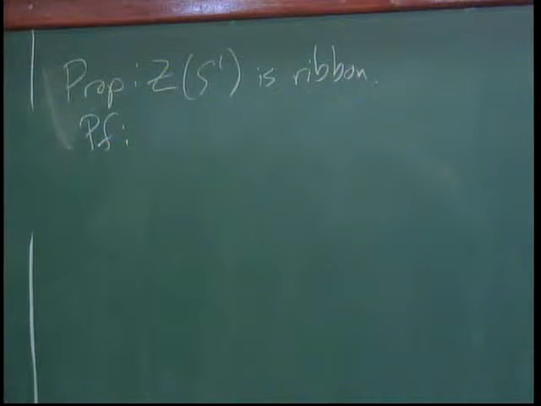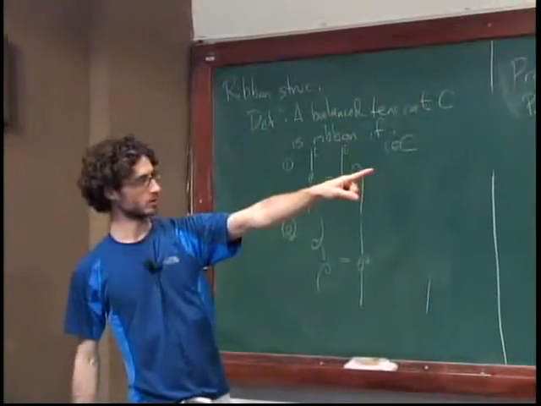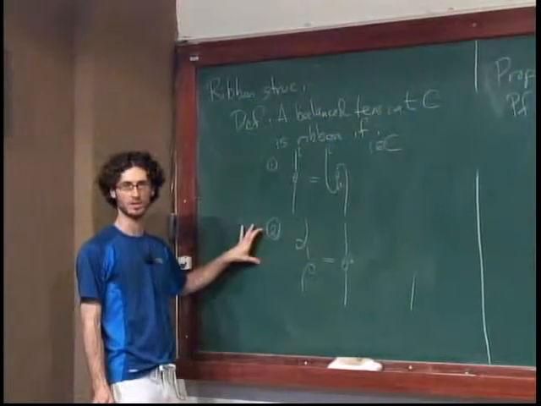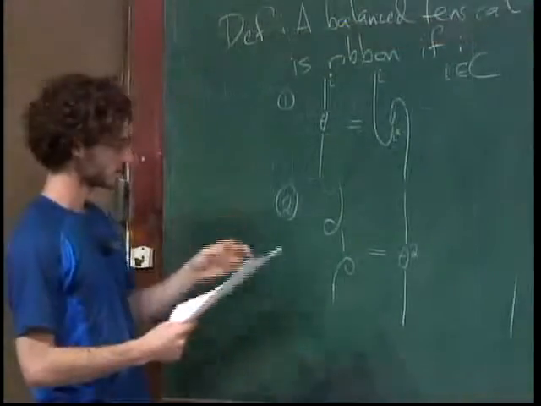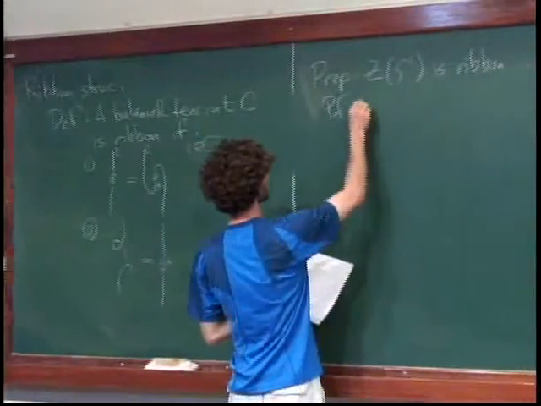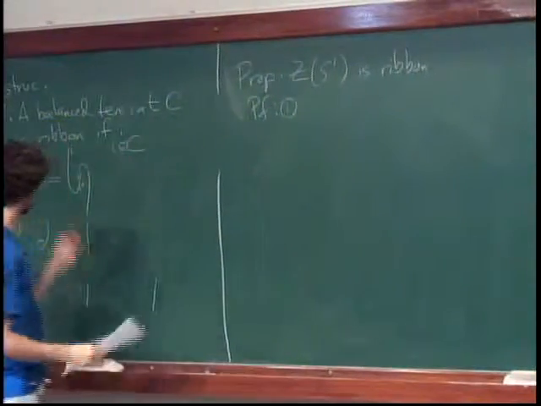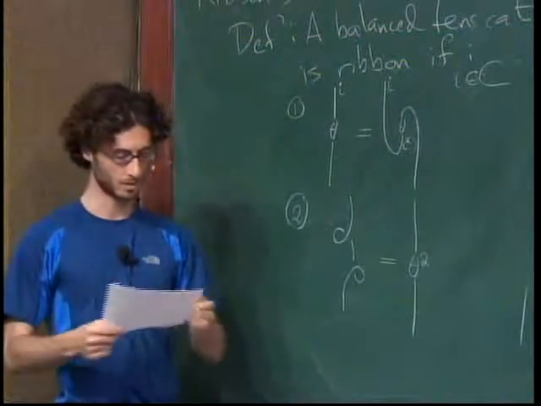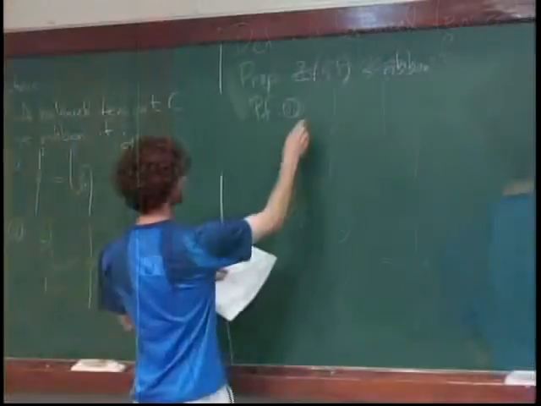So what have we seen so far? Well, we've seen it's balanced, and I just told you it had duals, so all we have left is to check these two conditions. So let's check the first one. The really naive thing to say, well, no, maybe I'll just draw the picture.